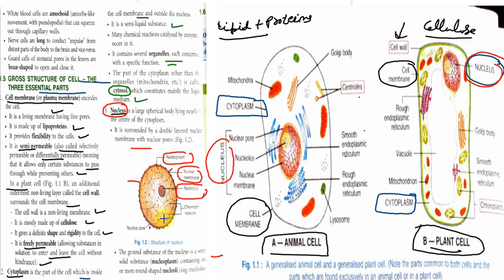These chromatin fibers condense into thick chromosomes during cell division, right?